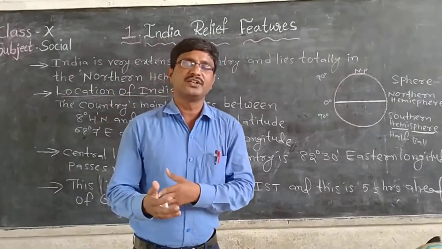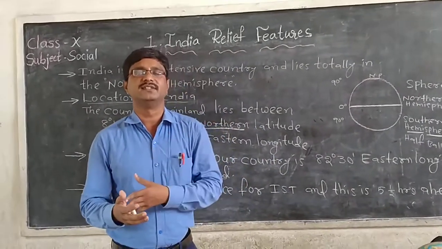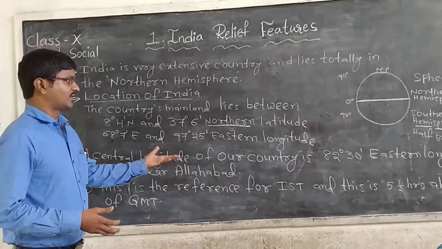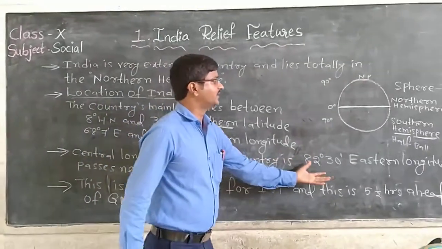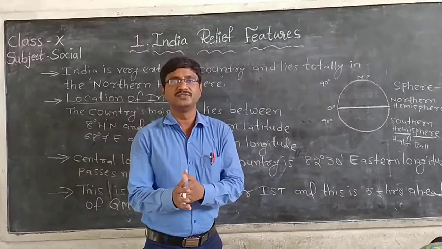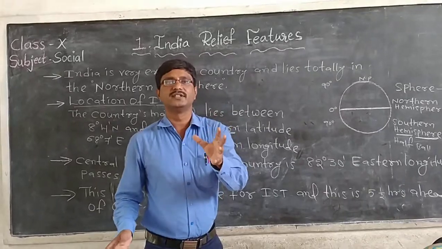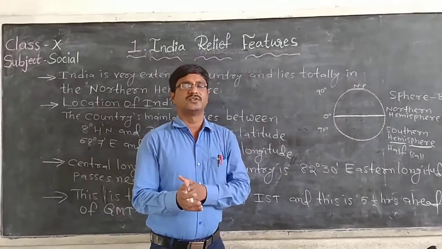With the help of longitudes, we can find out the timings of different places. For example, the central longitude of our country is 82.5 degrees eastern longitude. Which longitude have we taken as the standard meridian of our country? 82.5 degrees eastern longitude.